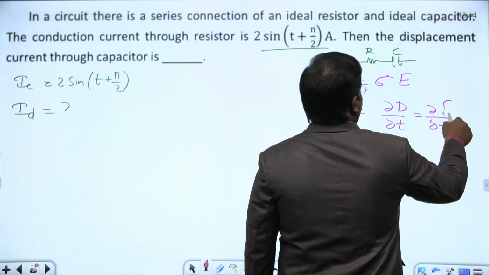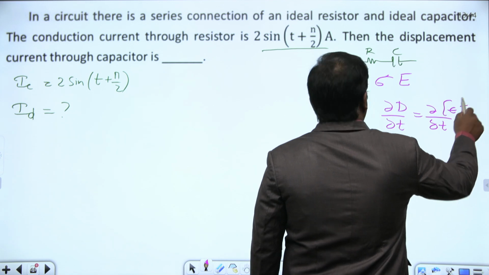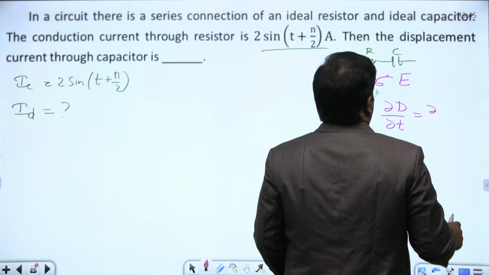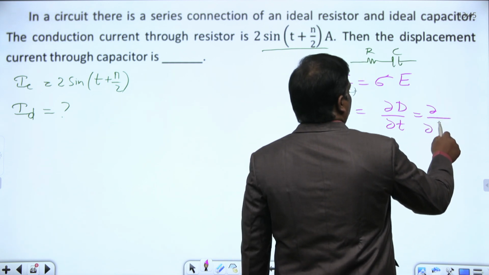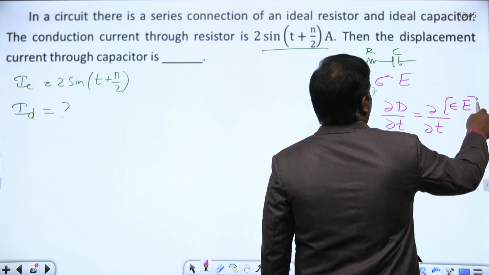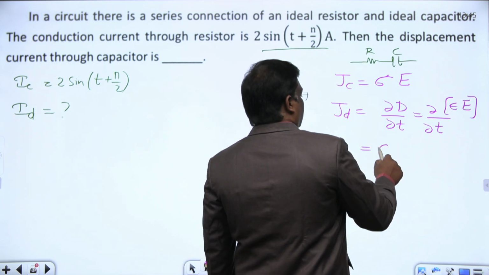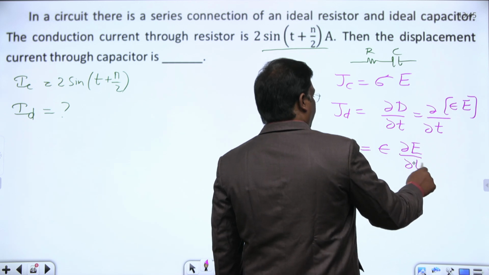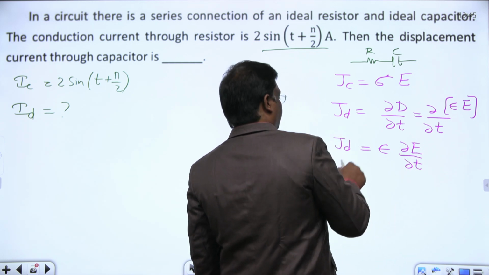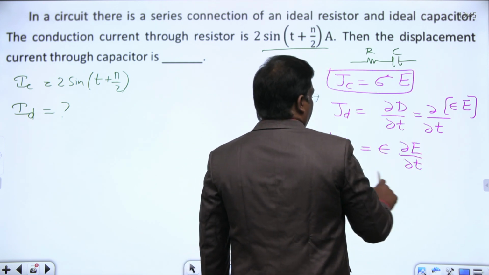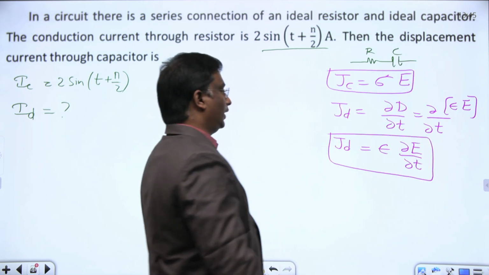D equals epsilon times E. So this is dou by dou t of epsilon times E. Epsilon is constant, I can take it out. So dou E by dou t. This is JD.